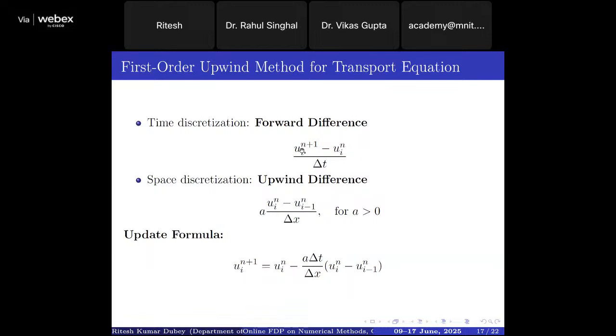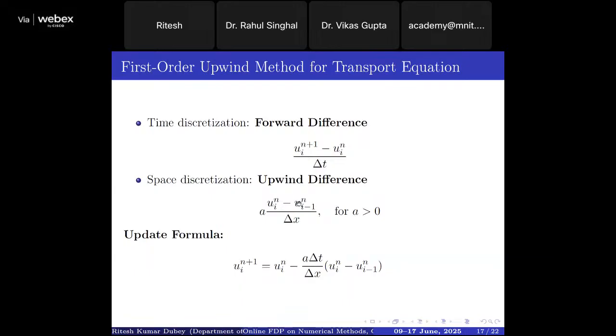Forward because we are taking n plus 1 minus n, the quantity at n plus 1 time level minus the quantity on the same grid point i at the nth time level. And for space, we are freezing the time.